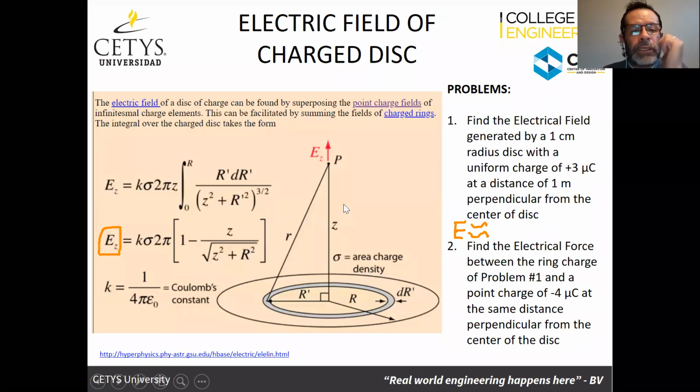So what's the information that we have here? The disk has a radius of, I'm sorry, 1 centimeter. It's 0.01 meters.